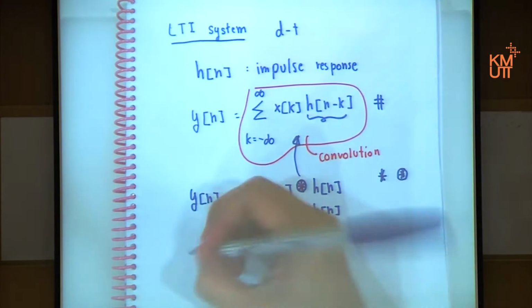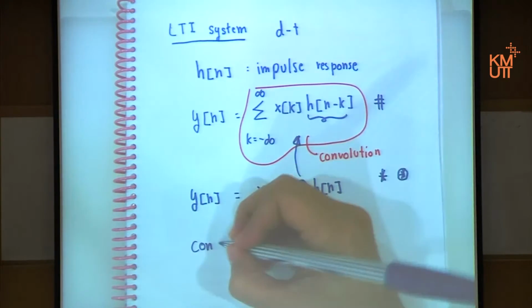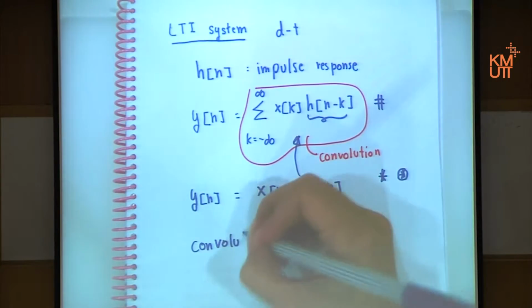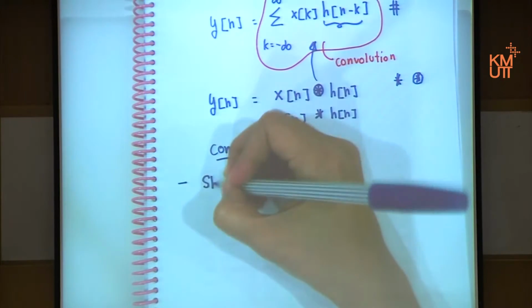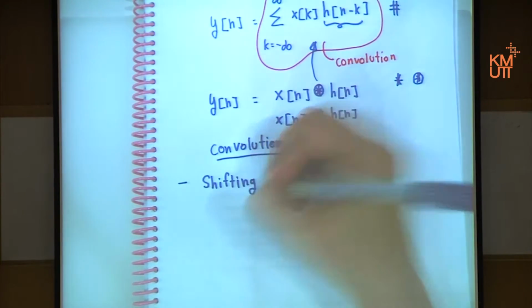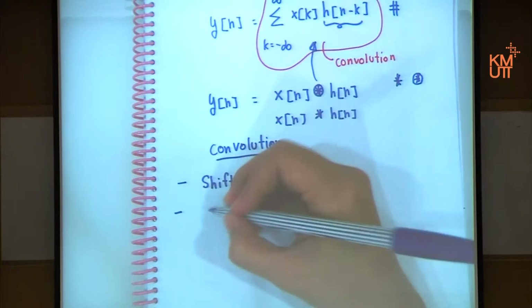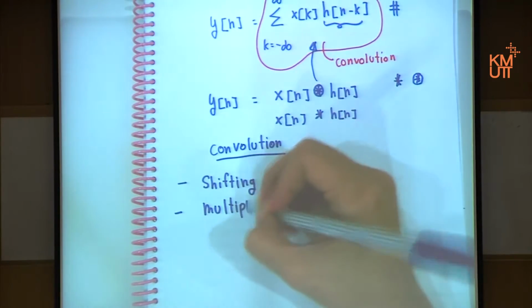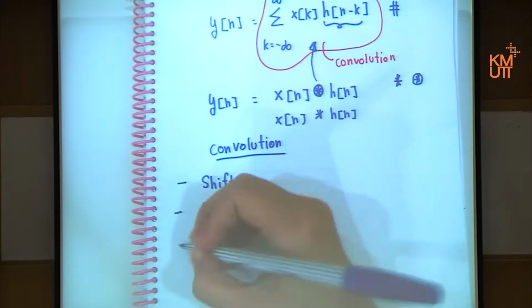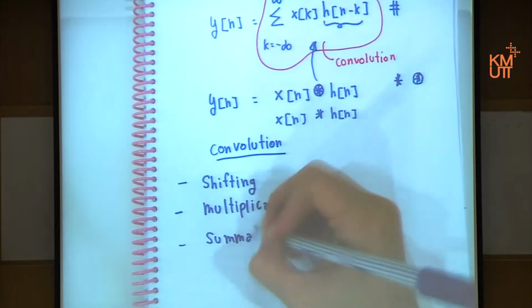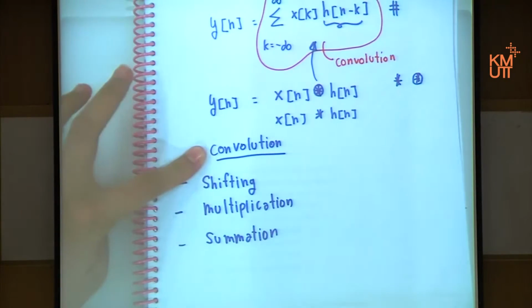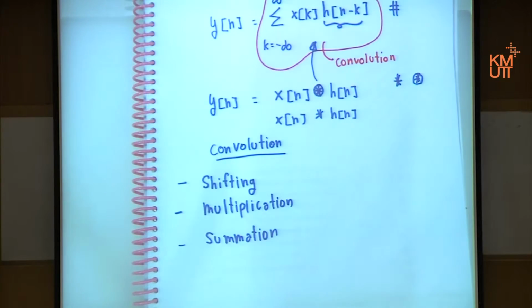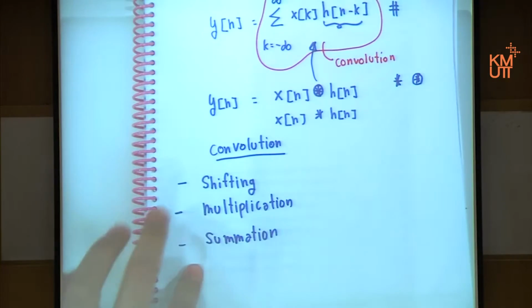So if I divide the operation inside convolution, we need to do shifting, multiplication, and summation. It means that when we call convolution, it consists of three operations: shifting, multiplication, and summation.